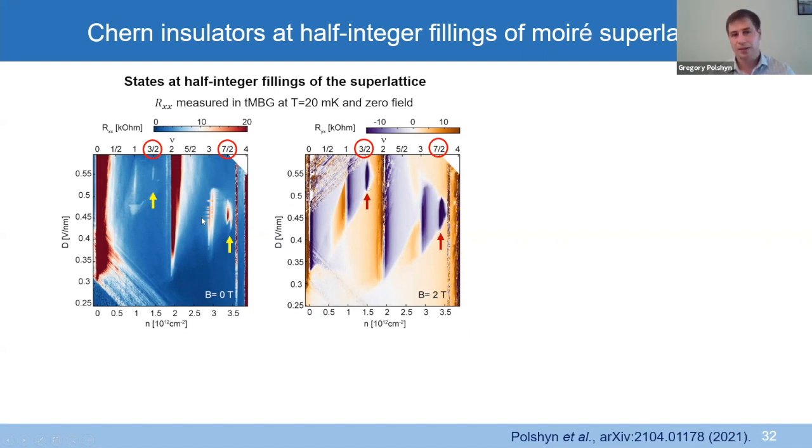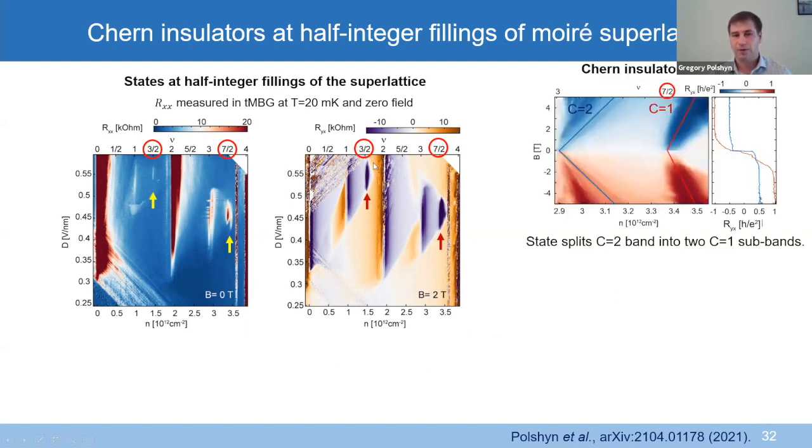So when we investigated how these states behave in finite magnetic field, we found that actually these states are Chern 1 insulators. The evidence for this is the fact that the corresponding Rxy at some small magnetic field saturates to h/e², as shown here.